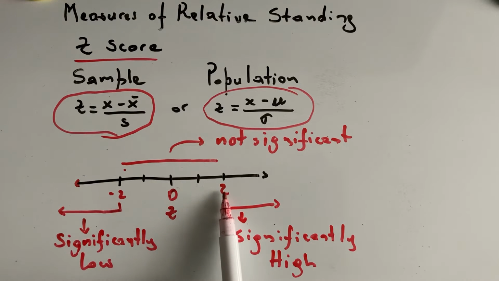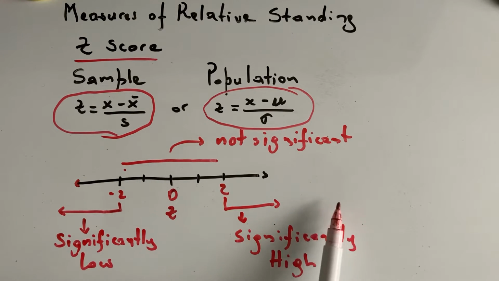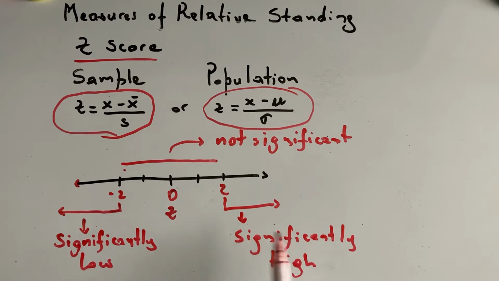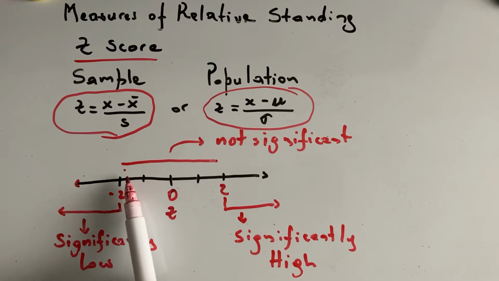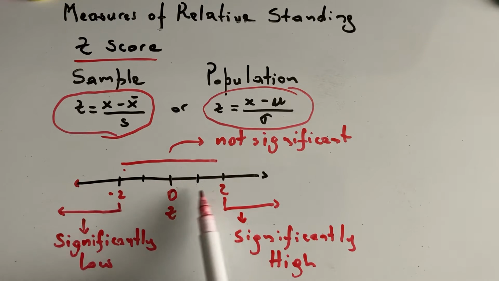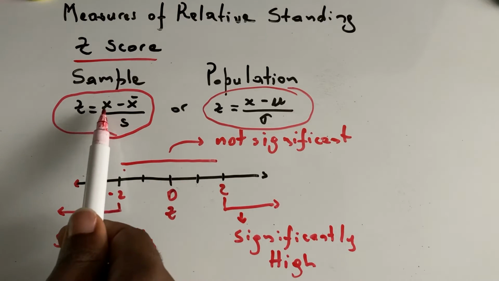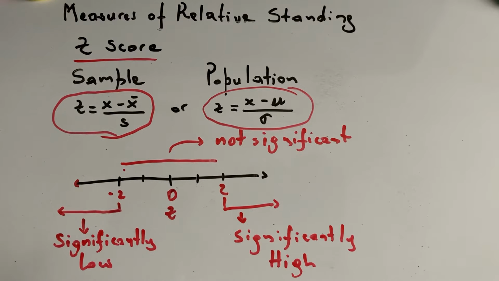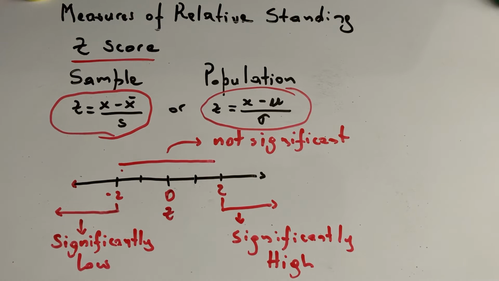If it's +2 or more, you know the individual value is significantly high. You can conclude that. If it's between -2 and 2, exclusive, so you do not include -2 and 2, then the individual value is not significant. This is very important to understand.